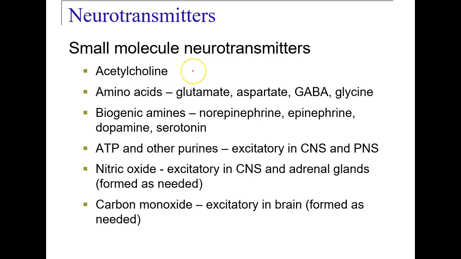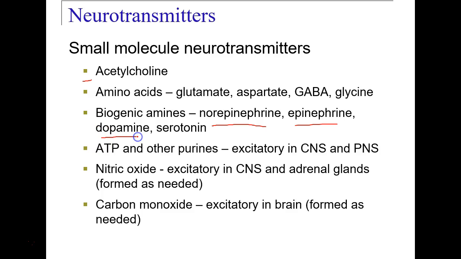Okay, so the small molecule neurotransmitters: acetylcholine, this is what we see at the neuromuscular junction and quite a few other places. Amino acids, biogenic amines, these are ones that we talk about a little. Norepinephrine and epinephrine, you can think of adrenaline, so we'll see these with the sympathetic system.